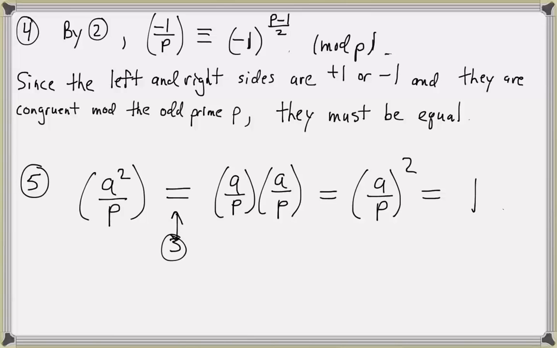Now property 6 is much more involved, but it's very useful. So let's see the proof of property 6. We're going to consider some congruences. Consider the following (p minus 1)/2 congruences.